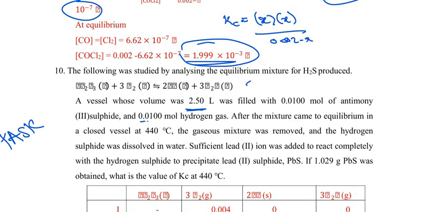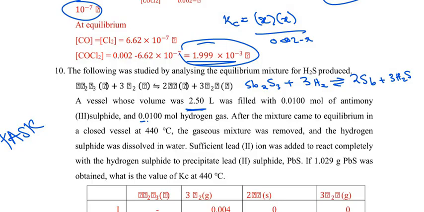There is Sb2S3 plus 3 hydrogen to give us 2Sb plus 3 hydrogen sulfide. This is what you're getting. Just a hint here, they're saying a vessel whose volume is this was filled with 0.01 moles of antimony sulfide.